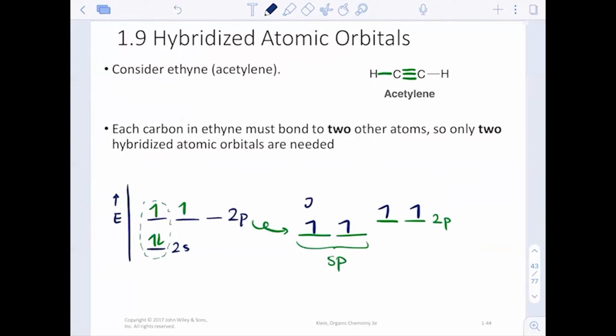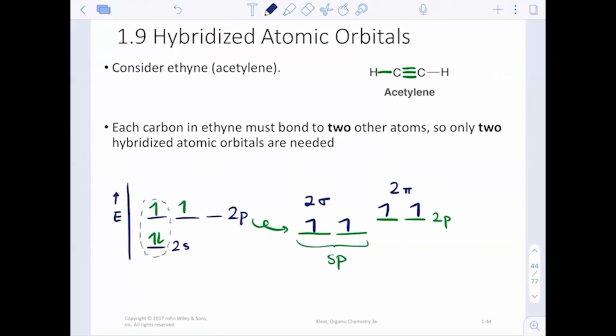This would tell me two sigma bonds and two pi bonds. So we'll start to see some idea with hybridization and all of those lovely things. Counting up, two atoms can only have one sigma bond. Anything else, double or triple, all those extra bonds would be pi bonds.